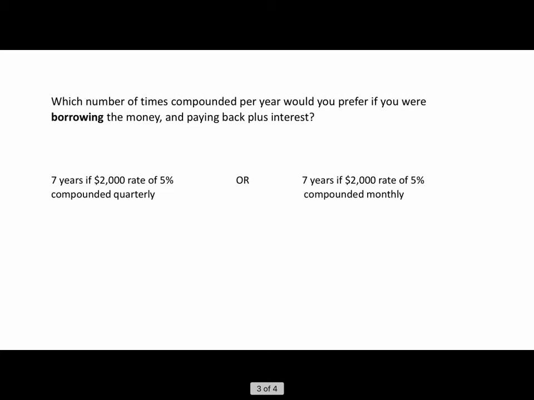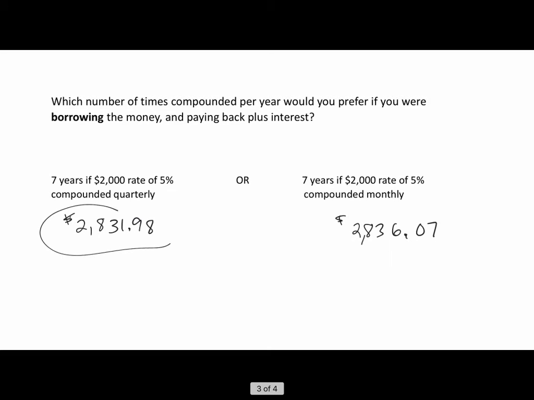So, which number of times compounded per year would you prefer if you were borrowing the money and paying that back plus the interest? So 7 years for $2,000, 5% quarterly was $2,831.98. 7 years, $2,000, 5% monthly was $2,836.07. Which one would you rather pay back?